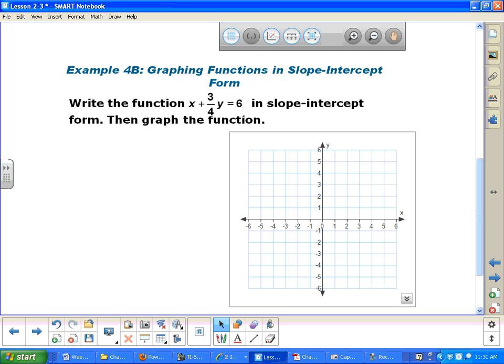So let's do one more. They want us to write this function in slope-intercept form and graph it.